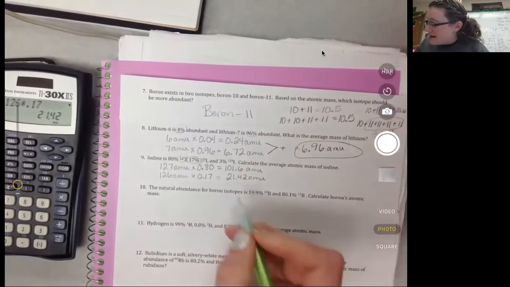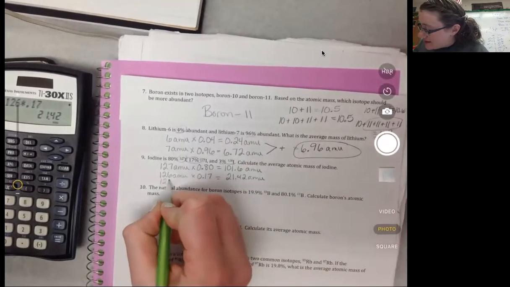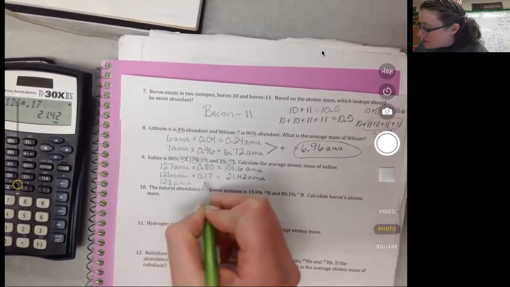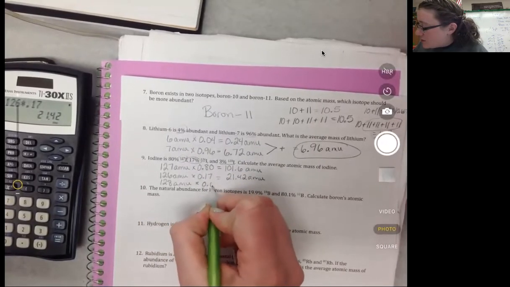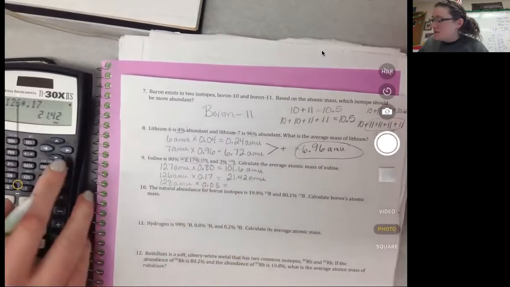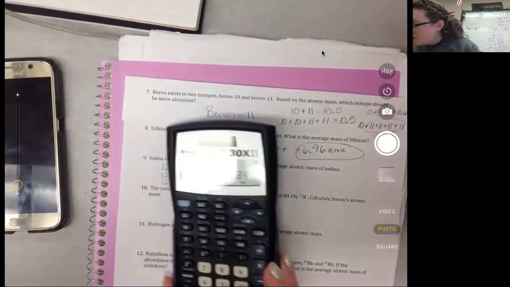Then my last isotope is iodine 128. It has a mass of 128 AMUs, and it happens 3%. 3% is 0.03 as a decimal. I'm going to calculate that, which is 3.84.